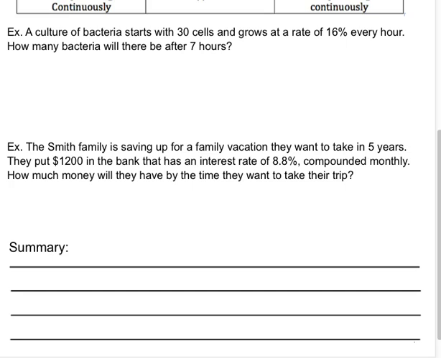A culture of bacteria starts with 30 cells and grows at a rate of 16% per hour. How many bacteria will there be after 7 hours? So we're talking about growing. So that's just going to be our normal growth equation, exponential growth. So let's take a look.